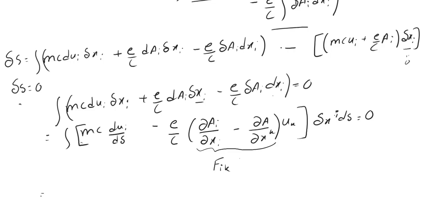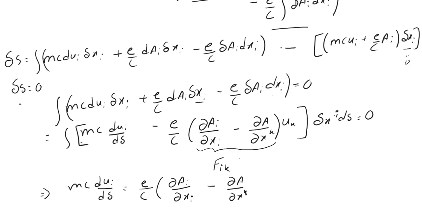Now the equation changes to this form. This is our equation of motion, and it can also be written as dui by ds equals e by c into F_ik uk.